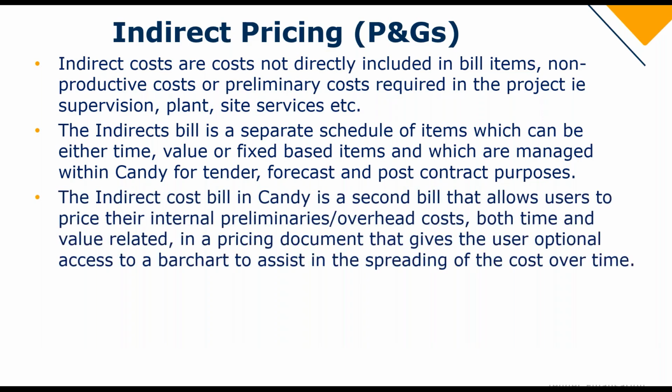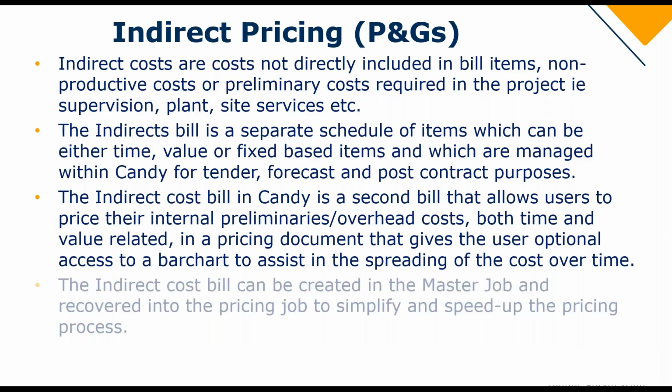The indirect cost bill in Candy is a second bill that allows users to price their internal preliminaries / overhead costs, both time and value related, in a pricing document that gives the user optional access to a bar chart to assist in spreading of costs over time.